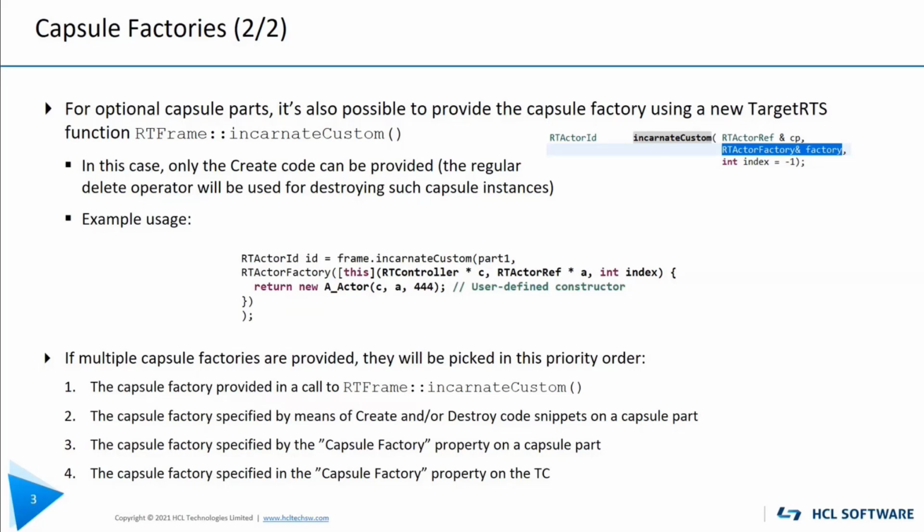And if we didn't find a capsule factory in any of these places, the last place to check is in the TC, in this new capsule factory property. And if we don't find a capsule factory there either, then it will fall back to the same behavior as it had previously. So it can only create the capsule using the standard two-argument constructor.